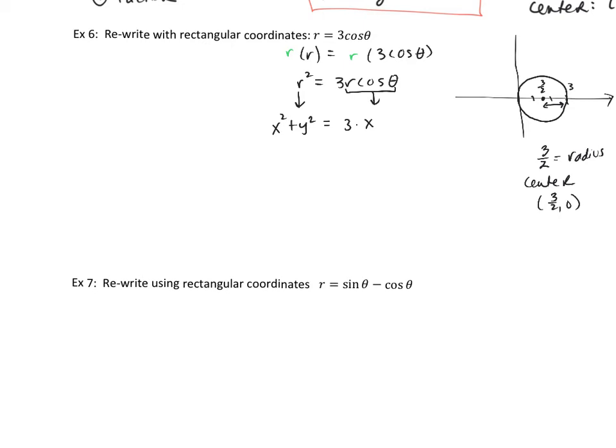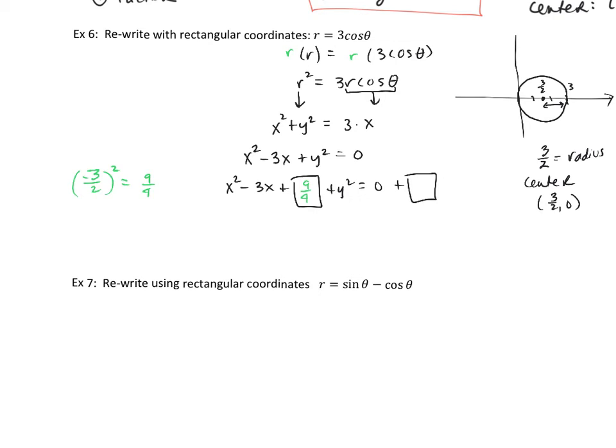Now we're going to set this equal to 0, subtract 3x from both sides, and complete the square. So I take that 3, split it in half, and square it. I need to add 9/4 to both sides, and then I factor.